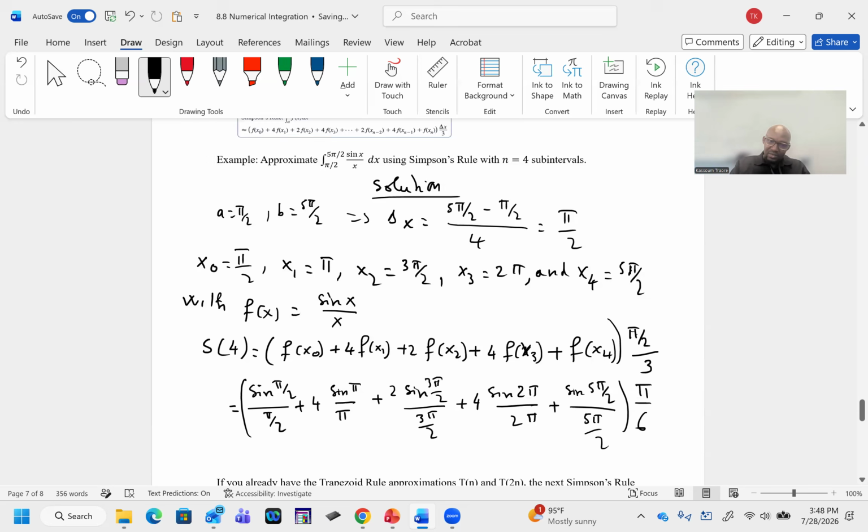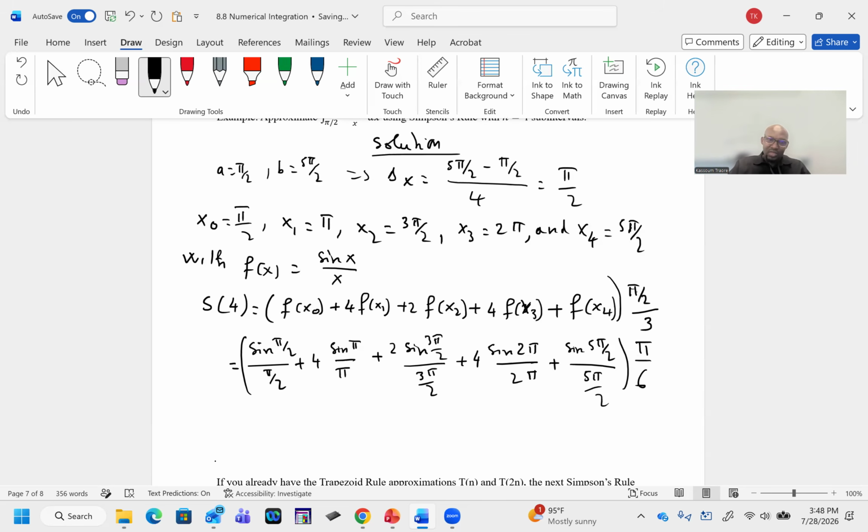Using your unit circle, sine of pi over 2 is 1. 1 divided by pi over 2 is 2 divided by pi. Plus sine of pi is 0, 0 times 4 is 0, divided by pi is 0. Plus sine of 3 pi over 2 is negative 1. Negative 1 times 2 is negative 2.